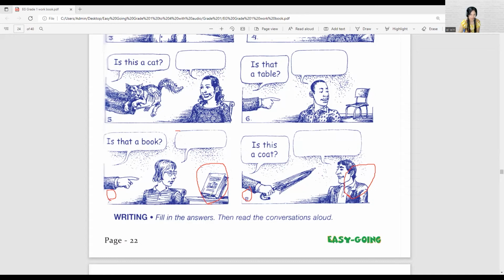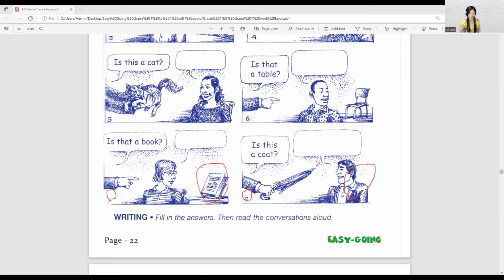So this one, number 8. Is this a coat? No, it isn't. It is an umbrella.